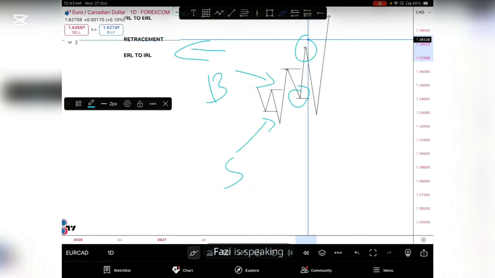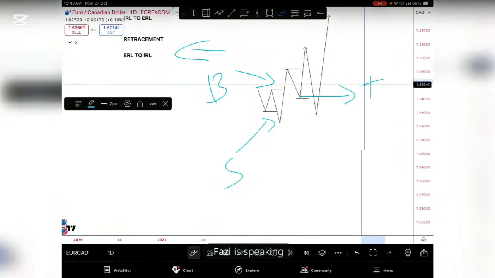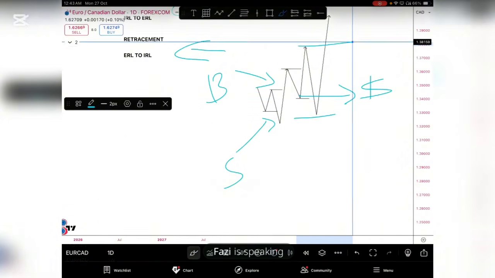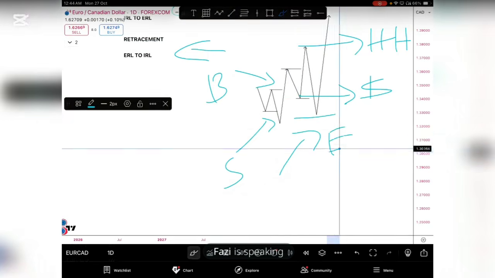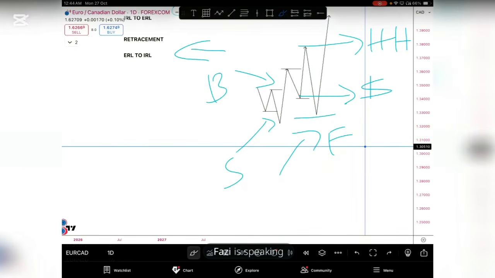This is the sponsor candle for making new higher highs. So what does the price do? The price will create that as internal range liquidity. It came to take that and it will make new higher highs. This type of move we call an expansion move. Understand what an expansion move is? The expansion move is internal range liquidity to external range liquidity.